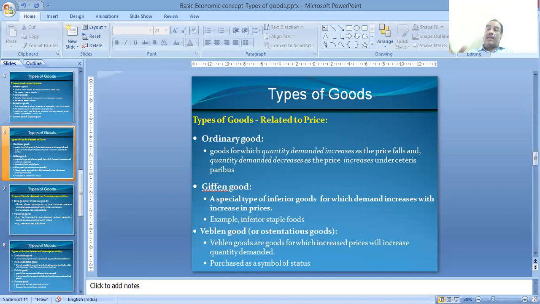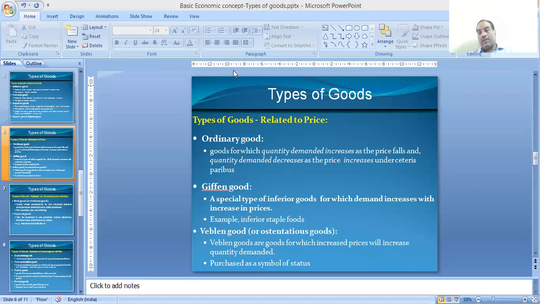As per the normal law of demand, with an increase in price, demand should fall. But here, despite being an inferior good, its demand rises with a rise in the price. And there are various reasons for this.